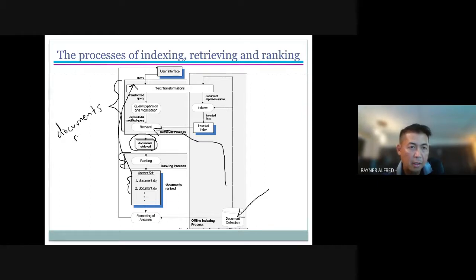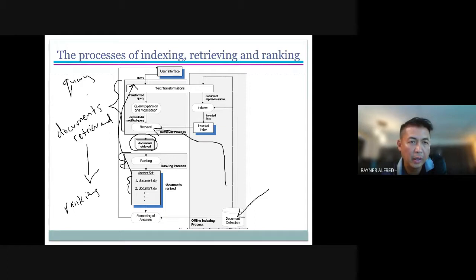Okay, retrieve, and then we need to perform the ranking. Okay, and this is your query. So the query will be matched with the document, and you get the document retrieved, and you perform the ranking based on the query.